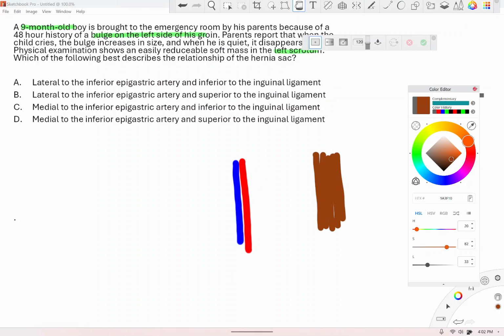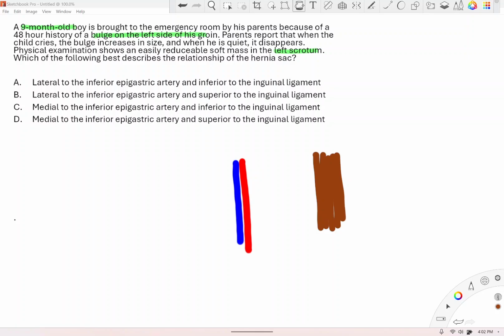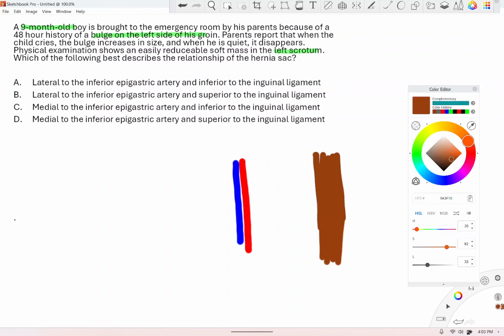Okay, so that's the muscle. Let's make it a little bit lower, and then silver color or just gray. So there will be the inguinal ligament. Okay, so this is the inguinal ligament.